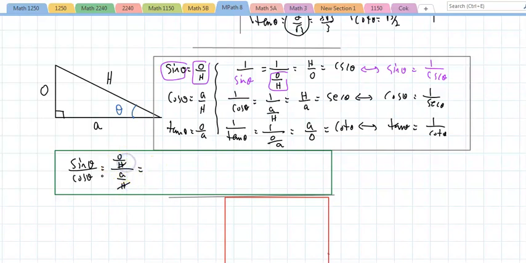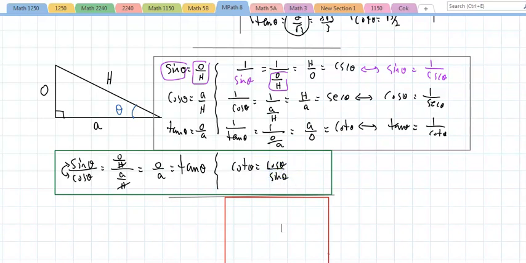The hypotenuses cancel out when you multiply by the reciprocal. That's the opposite over the adjacent, which is the definition of tangent. So tangent has another identity, and similarly, the cotan of theta is the reciprocal of those two, which is the cosine of theta over sine of theta.